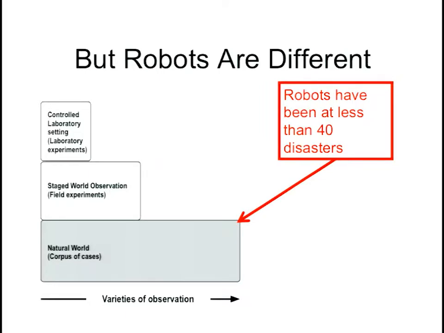That's not a lot to extract first principles from about what's going to work and what will not work, or even what are the critical factors that we should be trying to capture so that when we go to a staged world, we'll be able to do the right things in our staged world and laboratory experiments.